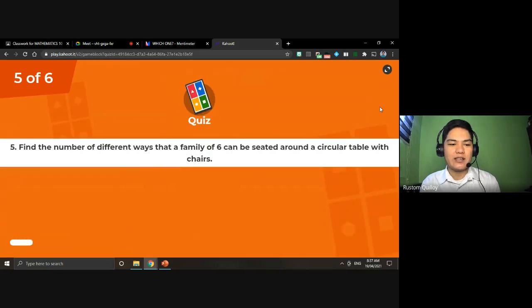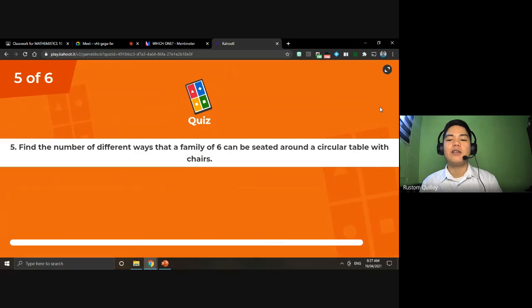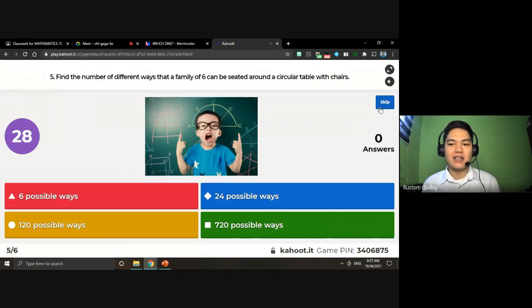Second to the last question, find the number of different ways that a family of 6 can be seated around a circular table with chairs. 6 possible ways, 24 possible ways, 120 possible ways, or 720 possible ways.